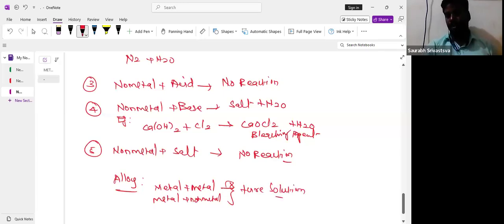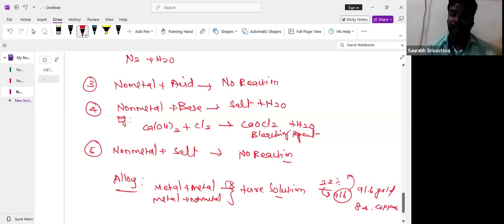For example, 22 karat gold. What is the meaning of 22 karat gold? We say 916 hallmark, which means 91.6% gold and the remaining 8.4% copper. This is what we call 22 karat gold. The 22 karat gold is the alloy.